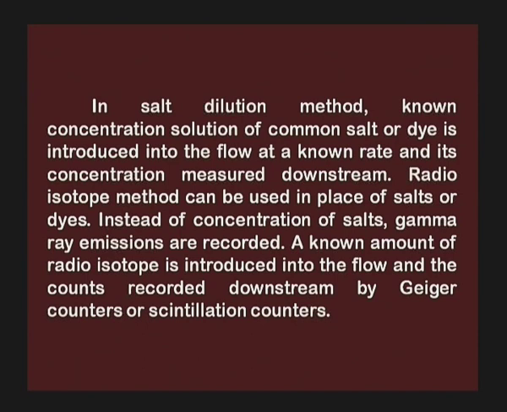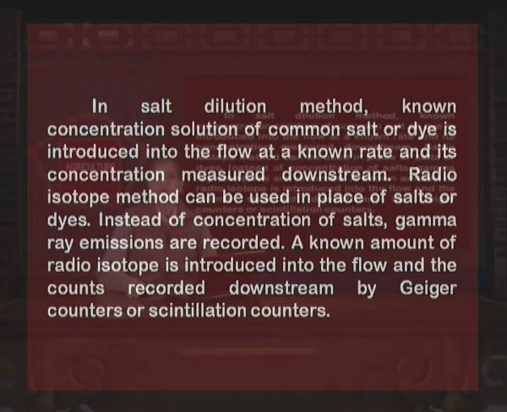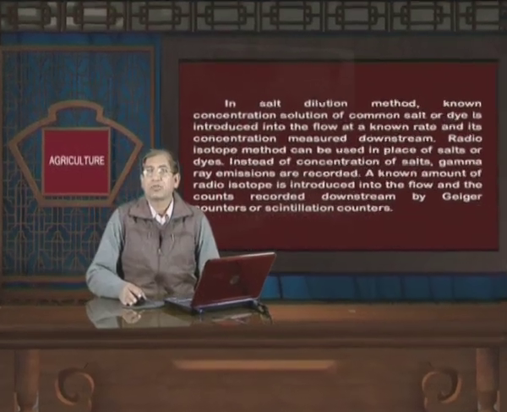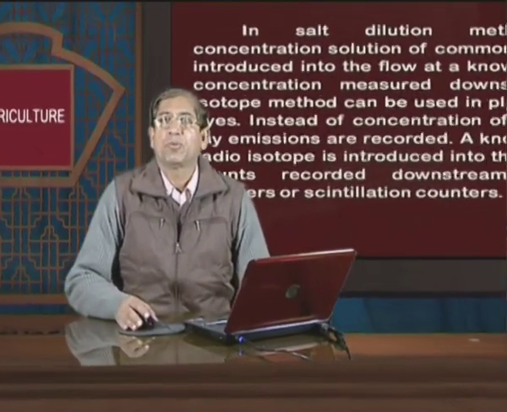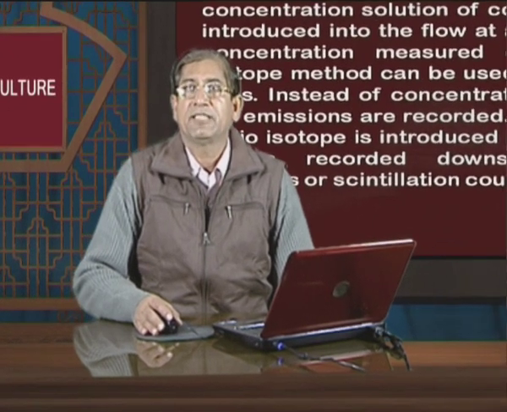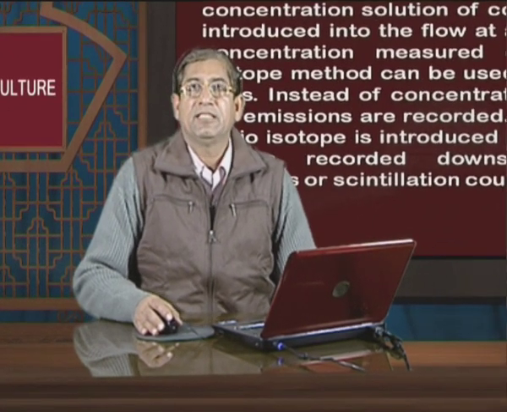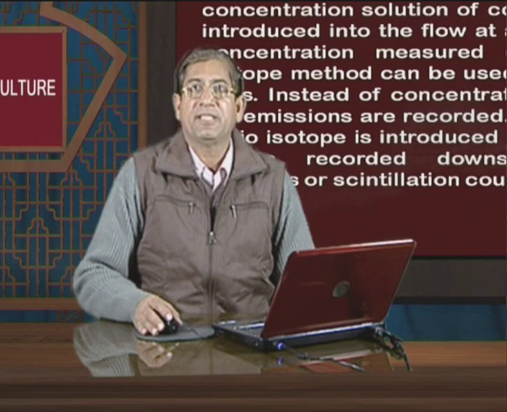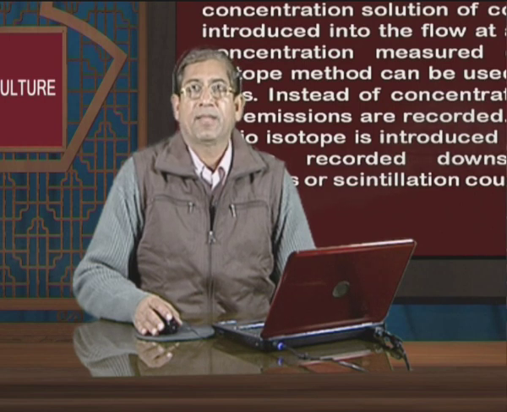A known amount of radioisotope is introduced into the flow and the counts recorded downstream by Geiger counters or scintillation counters. So, salts, dyes or radioisotopes may be used in dilution methods, and at the point where there is sufficient dilution, the sample is taken and dilution is determined, and ultimately discharge is determined by this method.